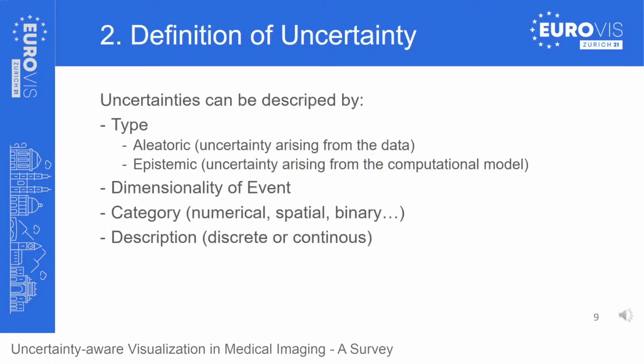What can we also define on uncertainty? Uncertainty can be described, but you cannot really determine a fixed definition. So you can describe it by different categories. First one is the type. And here we can separate uncertainty into two major groups, which is aleatoric. And this means uncertainty that is arising from the data.